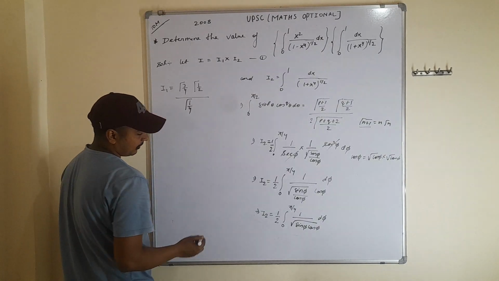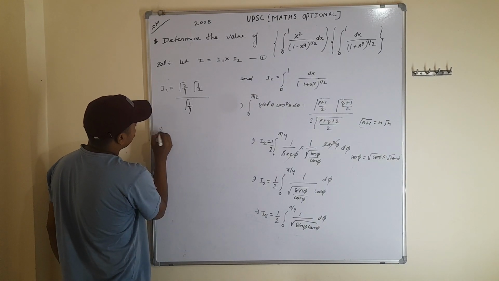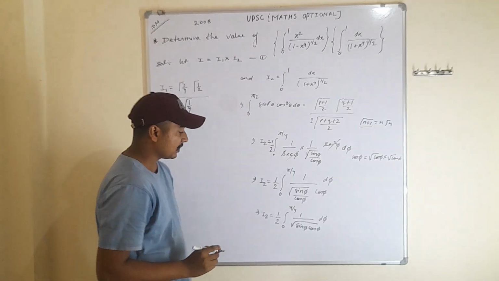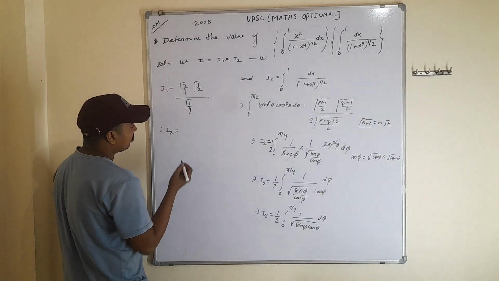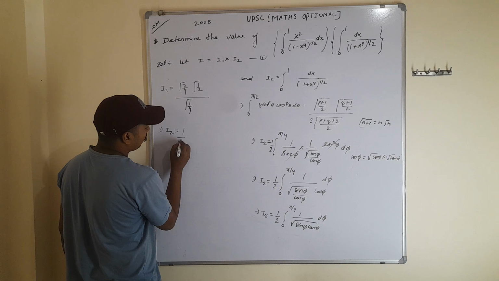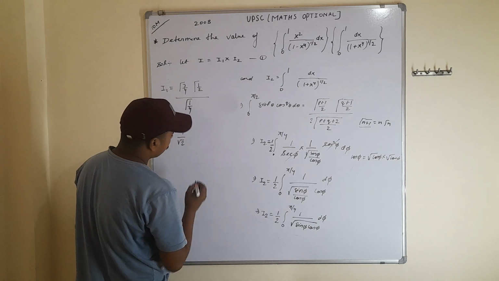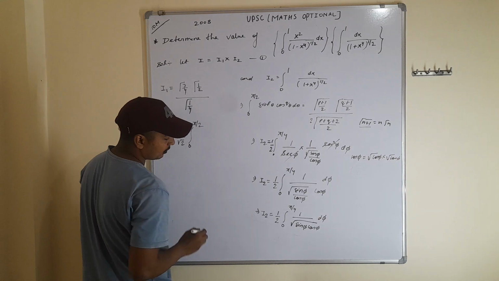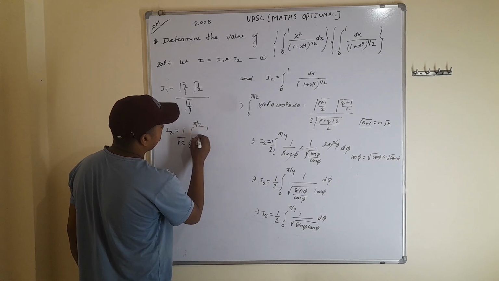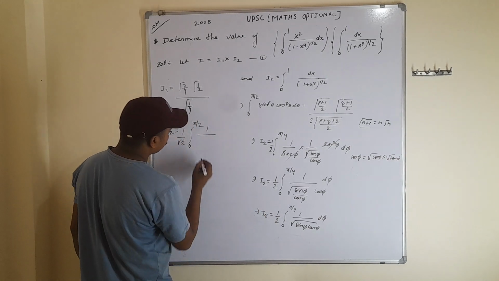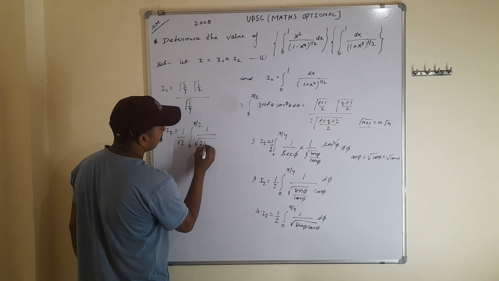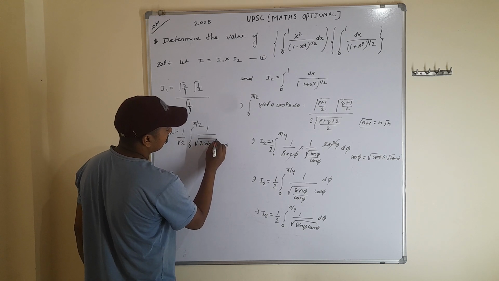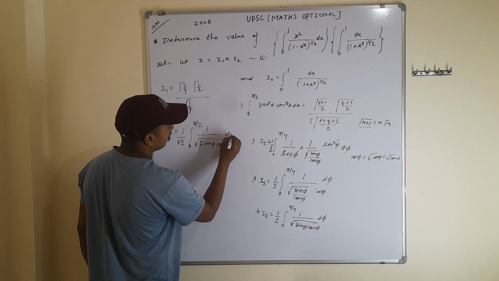From here, I2 is equal to 1 by 2 is written as root 2 into root 2, that is root 2 is common out, 0 to pi by 4, and root 2 multiplied into root, that is 2 sin phi into cos phi d phi.